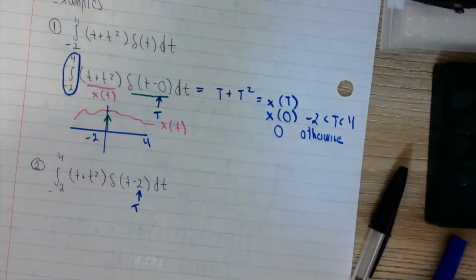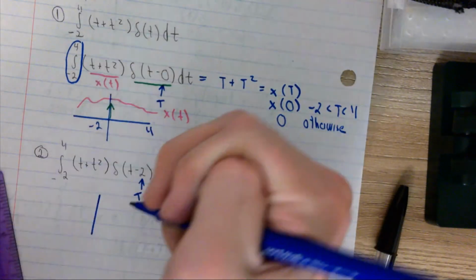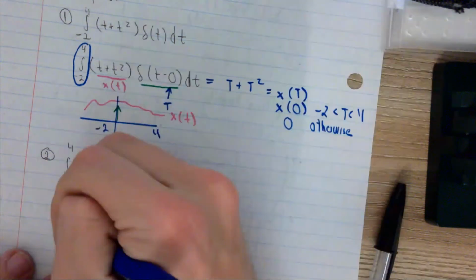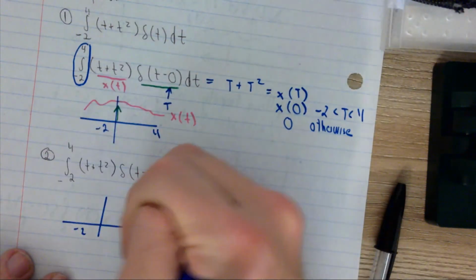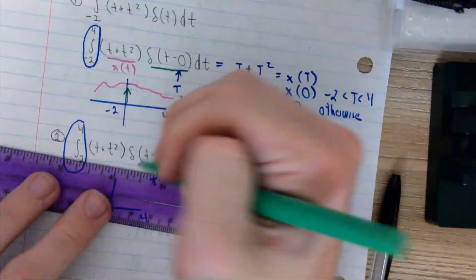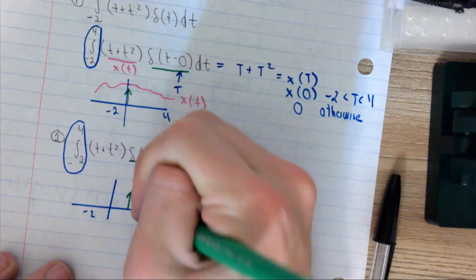If we draw it out again, let's do our integral bounds between negative 2 and 4. This is our delta function, delta of t minus 2, occurring here at time 2.